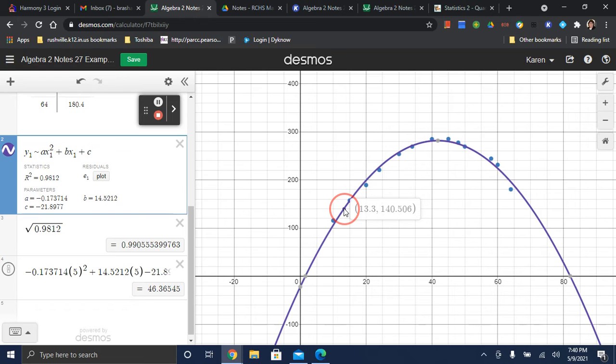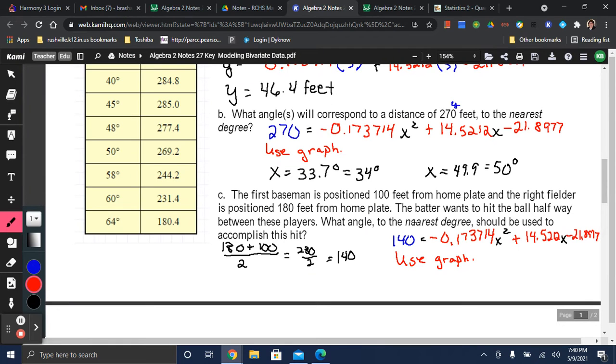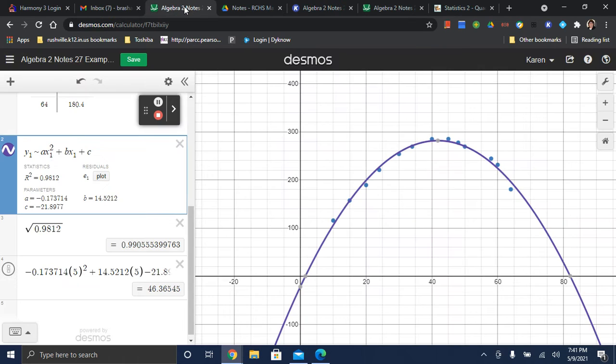So it says that we have an angle of 13.3. We'll see how they tell us to the nearest degree. So we have an x of 13.3 degrees, and so that would round to 13 degrees. And we can take a look at that angle, or it happens again on this side.